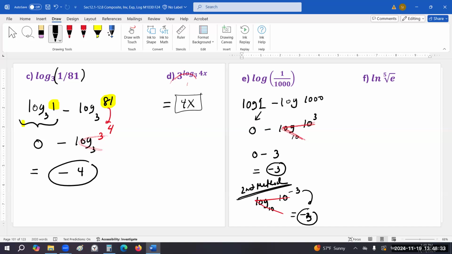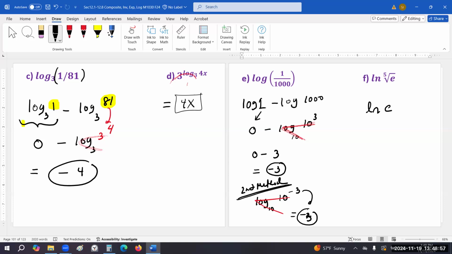For F, as long as e and ln have nothing between them, they cancel out. So we have a problem, root 5. We need to rewrite the root 5 into exponential format.